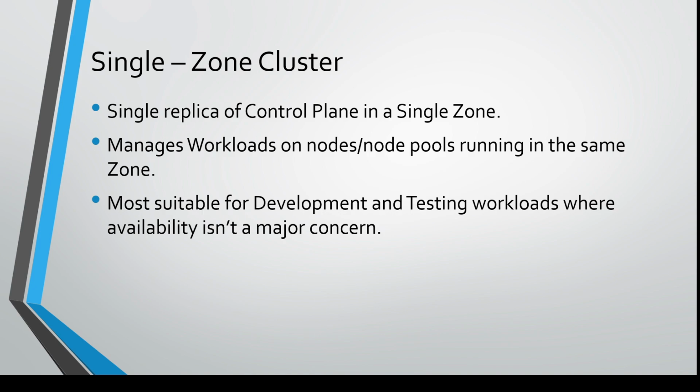That's only one replica, so only one instance of the control plane will be available for you. Another thing is that a single zone cluster manages workloads on nodes or node pools running in the same zone. So if you are creating a single zone cluster, then your node pools should be created in the same zone as well.